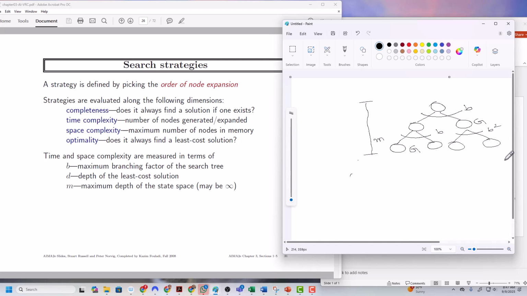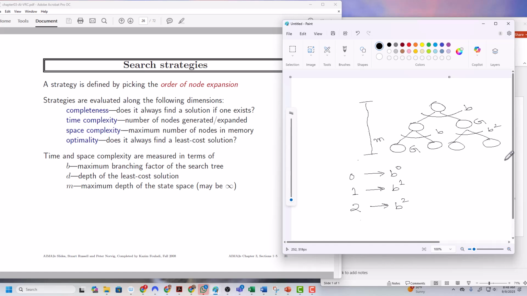At the 0th level, this is b to the power 0, which is 1. At the first level, it will be b to the power 1, that means b children. At the second level, you will have b to the power 2, which is 4 children.